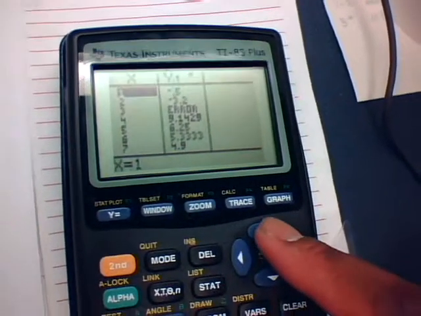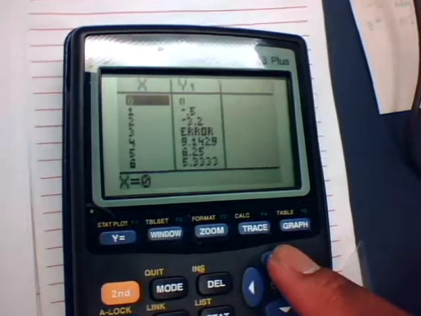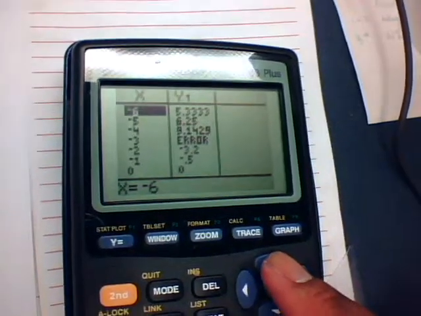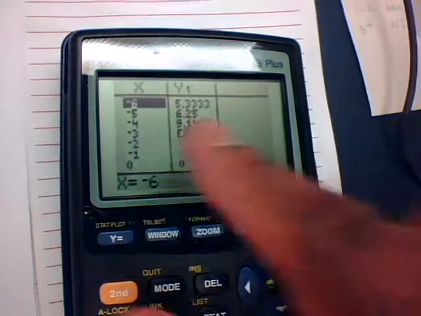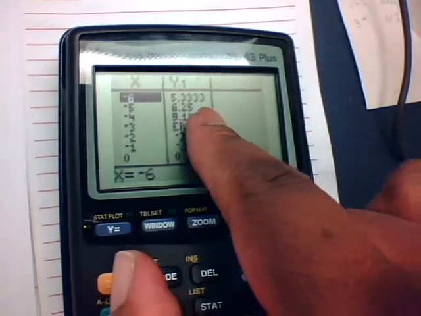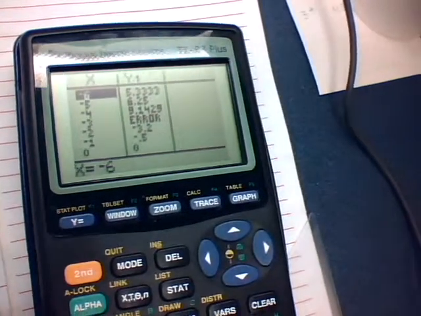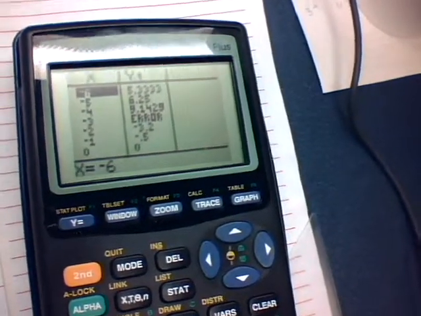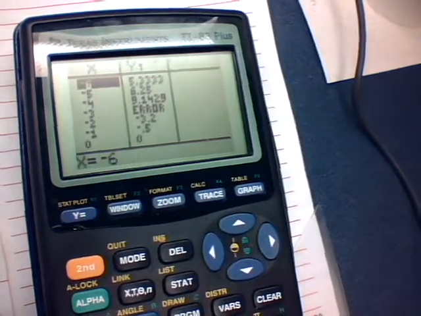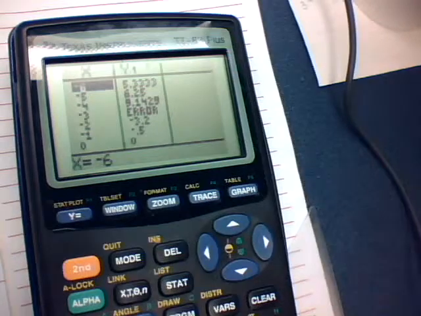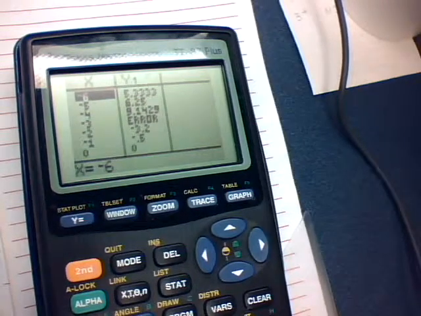And sometimes you might have to use your up arrow button to get to the values of x that you want, like in this case, -6. Here, x is -6. That means that the y is 5.33. And for x is -5, we see a 6.25. And for -4, I'm going to say 9.1.